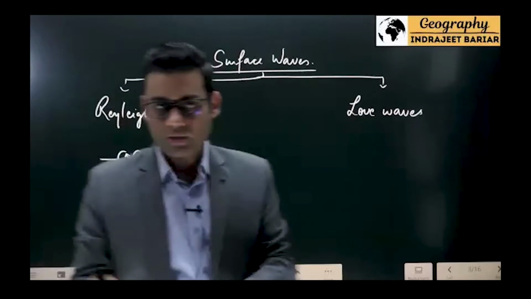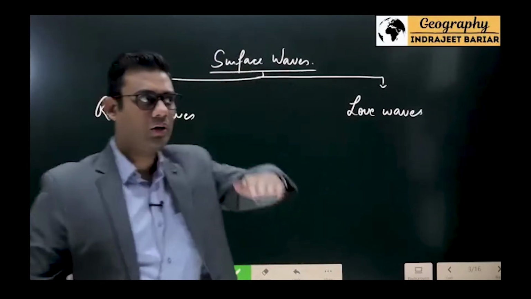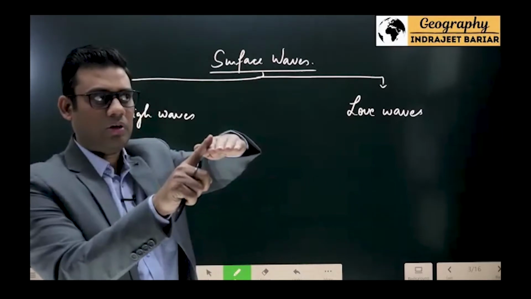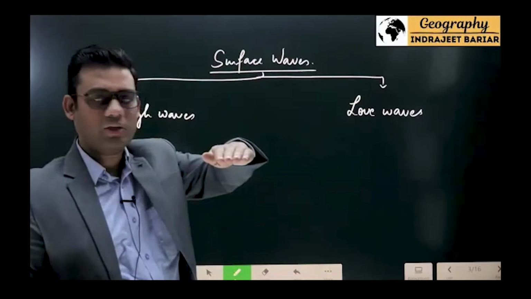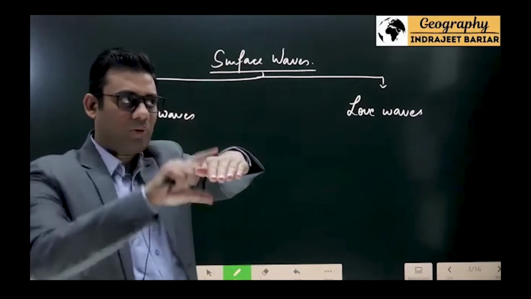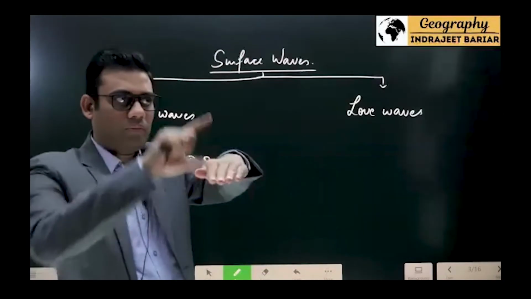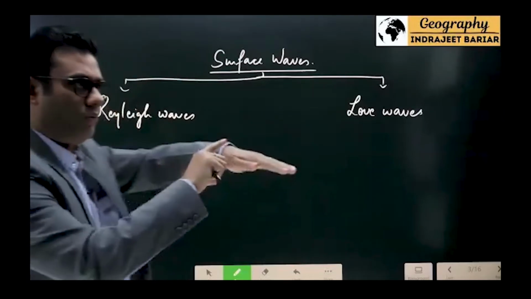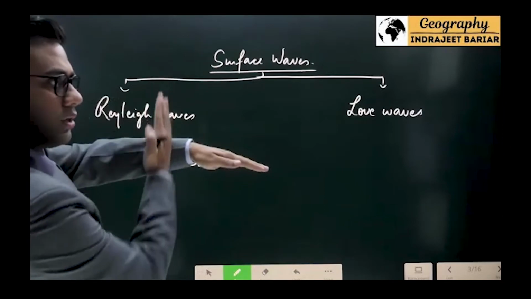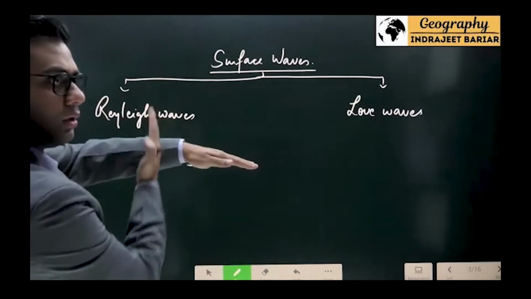But what is the basic difference? So everyone see over here, this is the direction of propagation. In the case of transverse waves, that is S waves, the particles will vibrate like this, up, down. Correct? So if you see over here, this is the direction of propagation. This is the vibration direction, perpendicular. Correct, everyone?